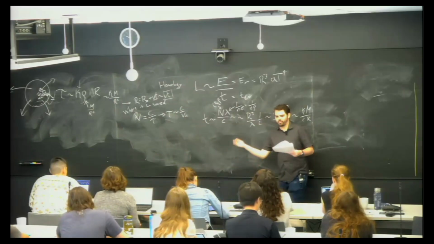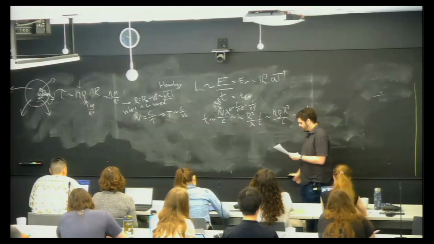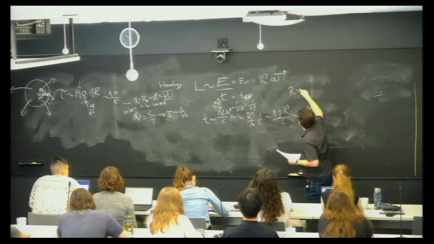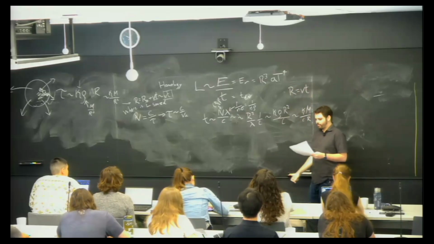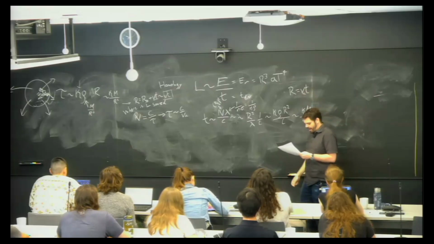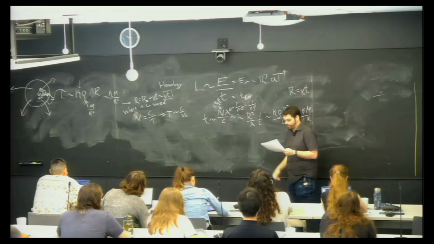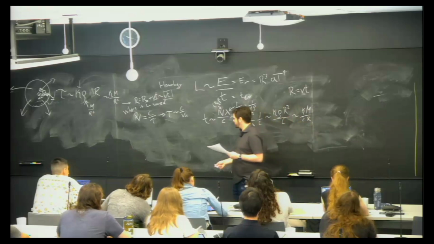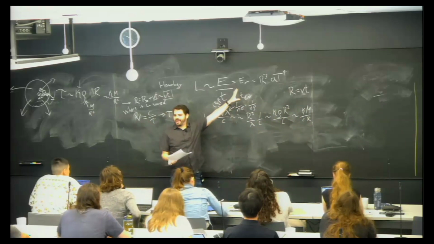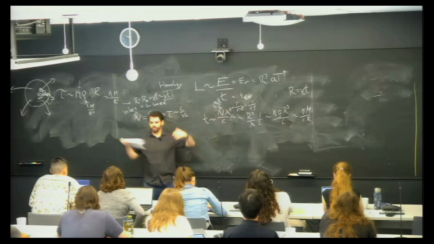So I'm now going to replace a lot of r's with vt's. r equals vt. Moreover, as the ejecta expands, the radius increases, and adiabatic losses occur because you're doing PdV work.